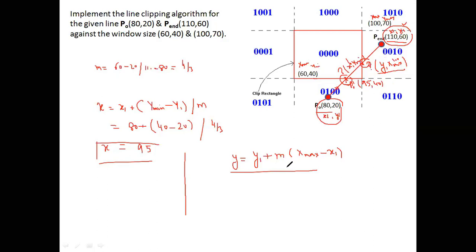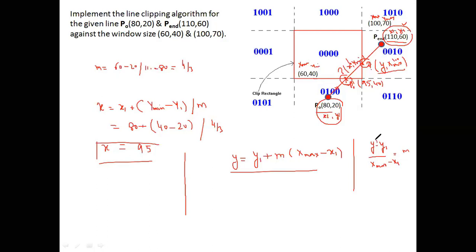So how have we come across this? First point is this, second point is this, so we will write it as y minus y1 divided by x max minus x1, that will be equal to slope.